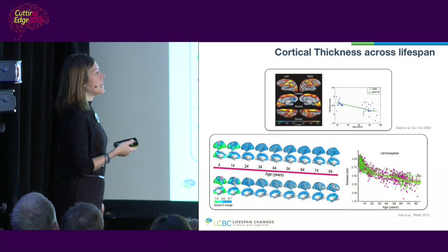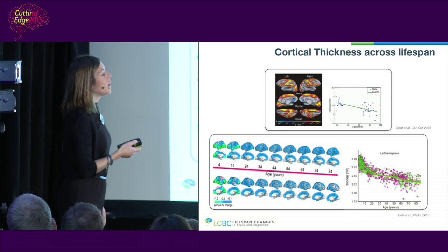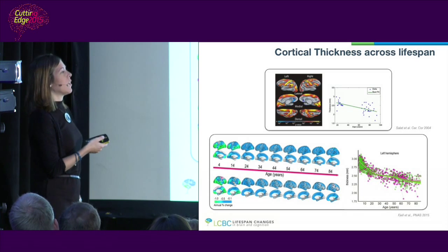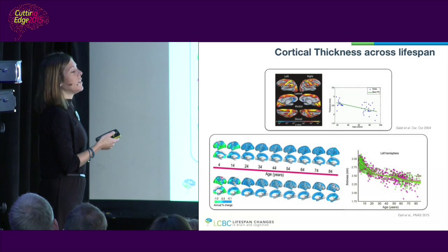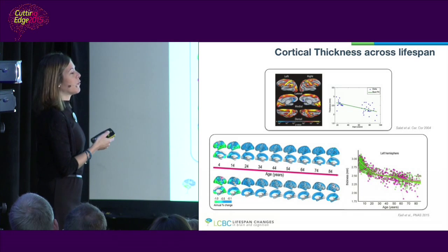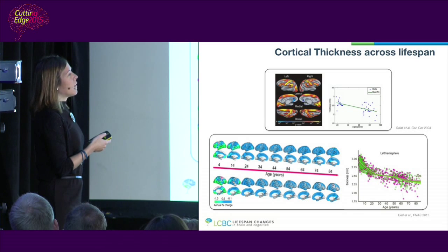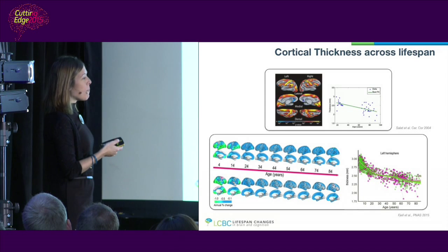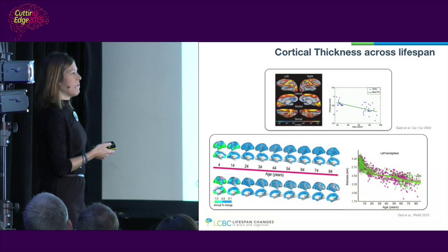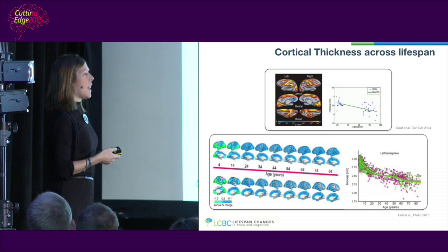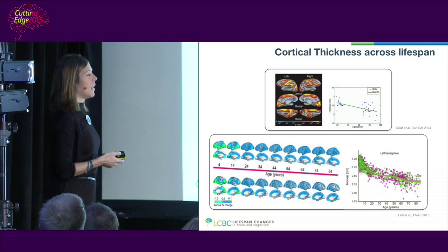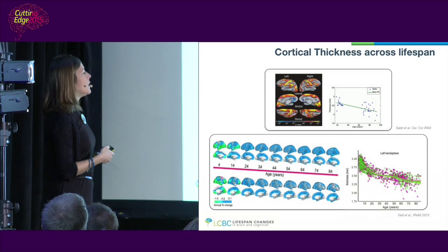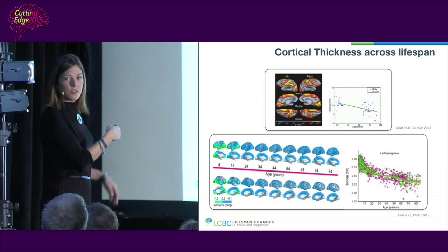In this first paper in 2004, the authors showed that there was a decrease in the cortical thickness in subjects that were around 80 years old when compared with subjects of 20 years old. Later on, like 10 years later, we have seen that if we map the cortical thickness from very young subjects, like children, and we continue mapping it until the last years of life, these changes are somehow continuous across life.